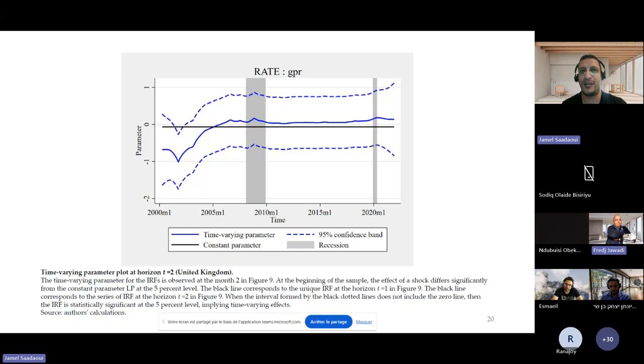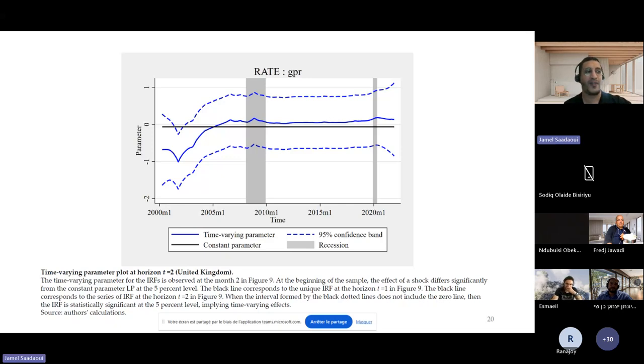But that does not mean that the constant local projection is non-significant. It just means it's not unstable. So if you have stability, it's good for you. The story is more clear and more interpretable. You can rely on the average treatment effect if you have a dynamic causal treatment in your regression.